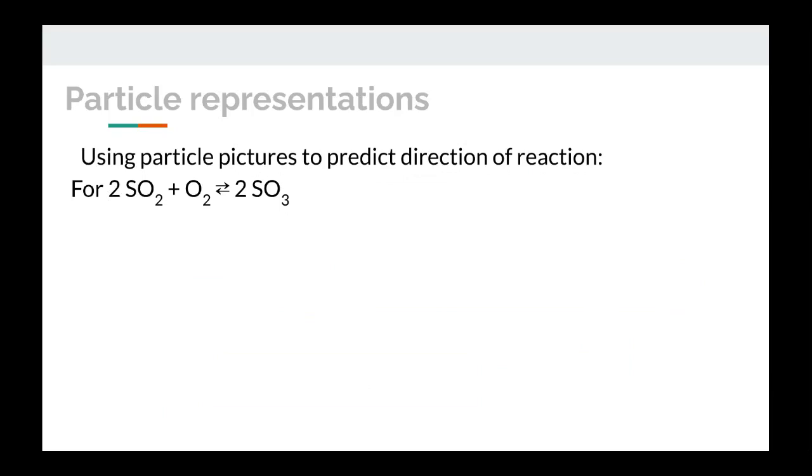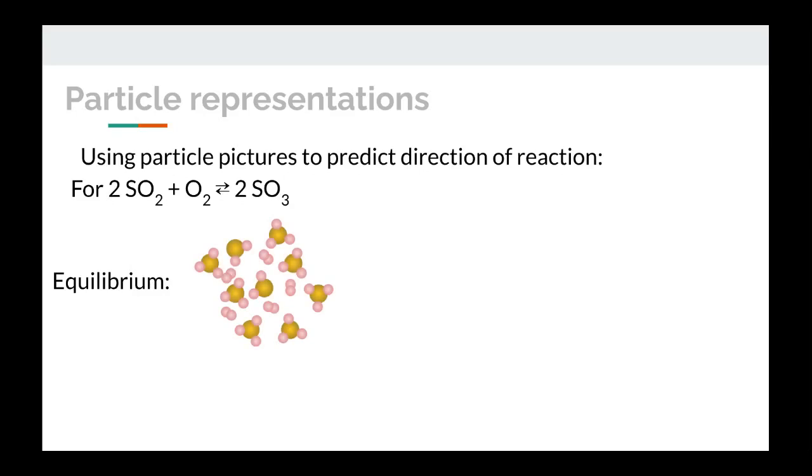Our next topic is to try to use particle pictures to predict the direction the reaction is going to move, forward or back. This is pretty common sense once you go through an example. So this is the reaction that we're going to use. 2SO2 reacts with O2 to make 2SO3. Let's say that this particle picture represents equilibrium. If we count up the SO2s, we have 1, 2.